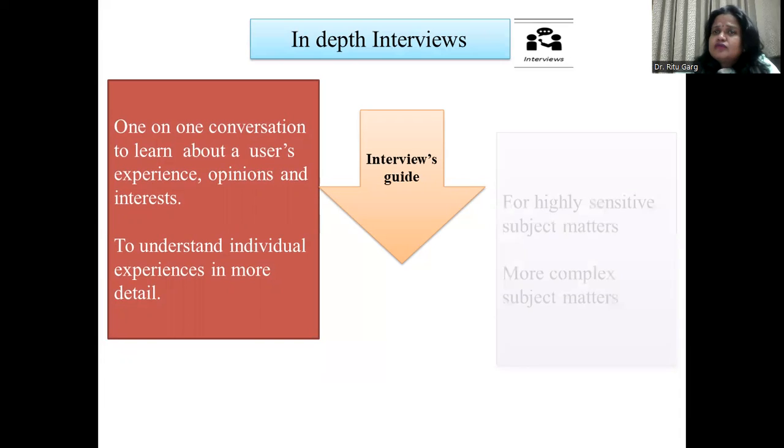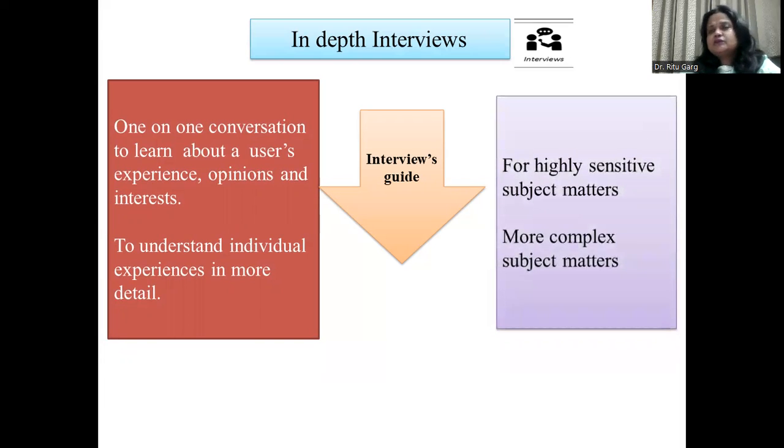For what kind of topics are these in-depth interviews held? These are held for very highly sensitive subject matters, which the person doesn't want to talk about in front of others. For example, if the research is on family planning methods, sexual behaviors, use of drugs, or use of alcohol, these are sensitive issues no one wants to talk about in front of others.